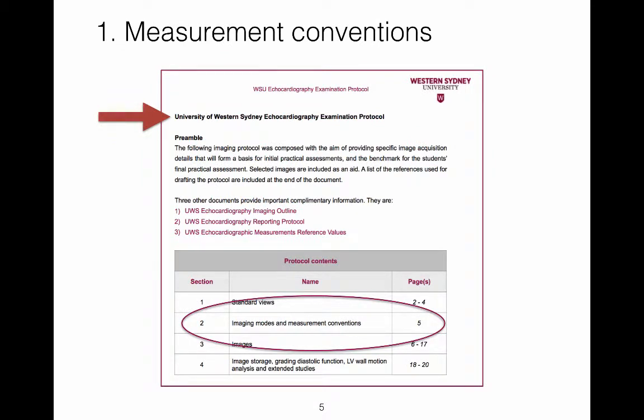1. Measurement conventions. Measurement conventions are designed to promote uniformity and consistency and are meant to prevent variation and inconsistency.